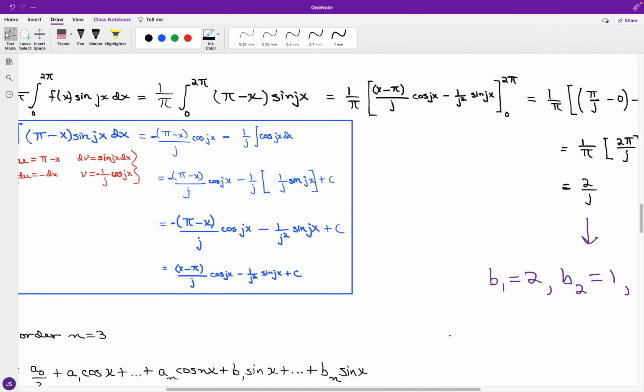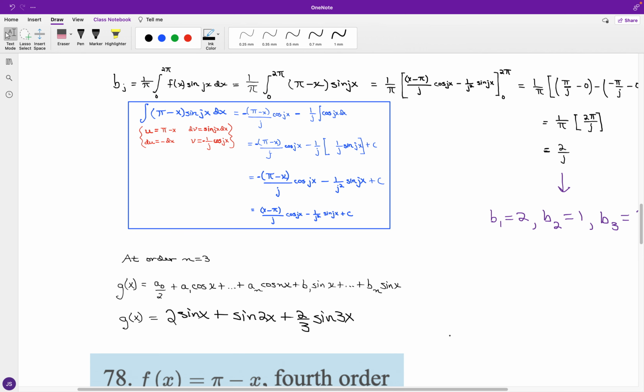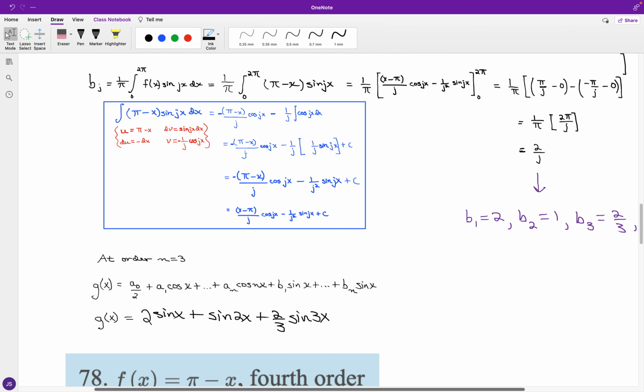And so for the order n equal to 3, we have the Fourier approximation at order n equal to 3. Again, a naught and the remaining terms with the coefficient a are all negligible, so everything rides upon the result for b.